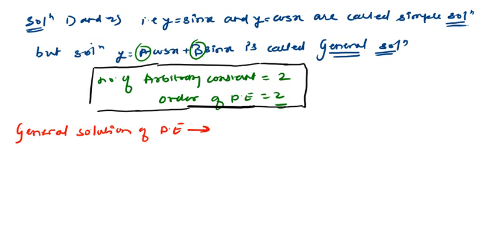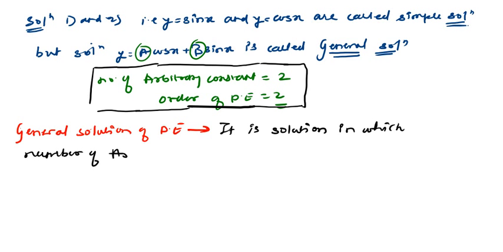So what is the definition for the general solution? It is also a solution, but what is the difference? It is a solution in which the number of arbitrary constants is equal to the order of the differential equation.